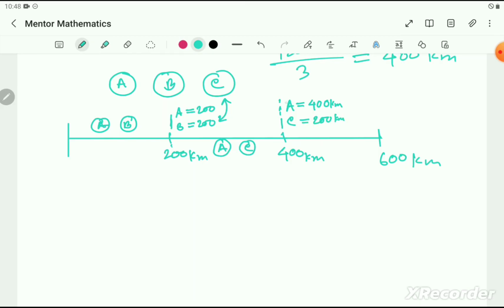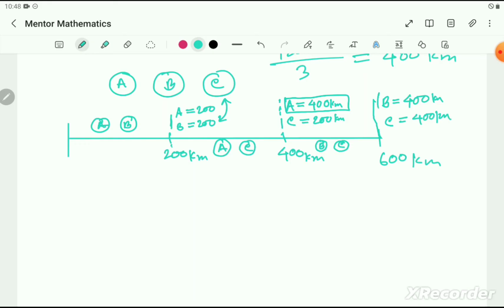Now let's change tire A with B. That means the last 200 kilometers will be traveled by tire B and tire C. So in this situation, tire B will have 400 kilometers, and tire C will also have traveled a total of 400 kilometers.